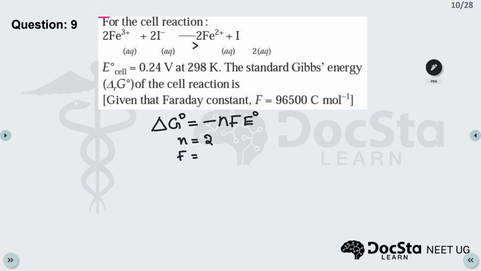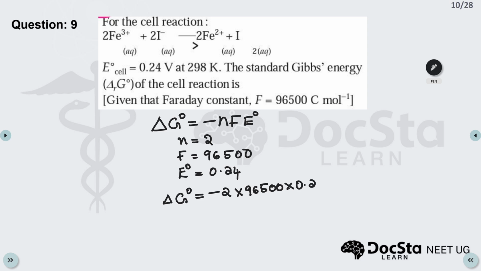F is already given as 96,500 coulombs per mole, and the E0 of the cell is also provided in the question, that is 0.24 volt. So it is a direct substitution. Delta G0 is equal to minus 2 into 96,500 into 0.24. And this value comes out to be minus 46.32 kilojoule per mole.